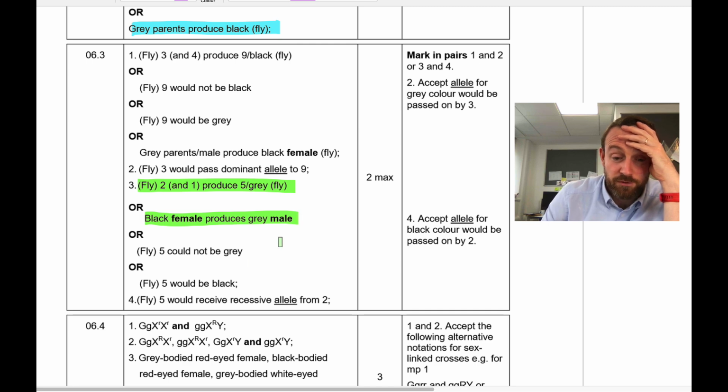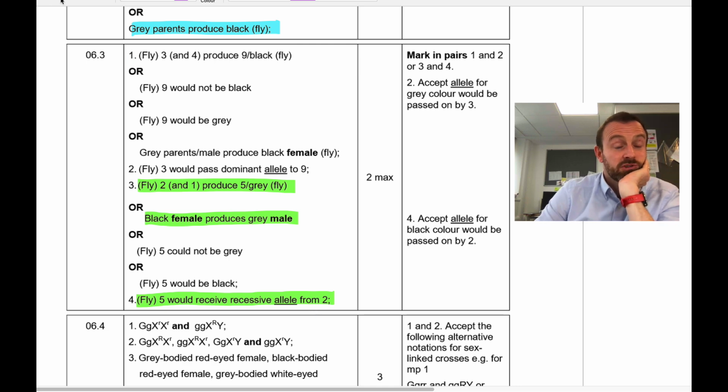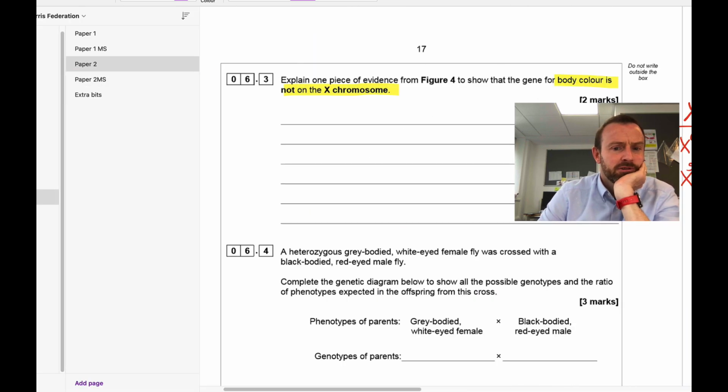I didn't explain why. Because fly 5 would inherit the recessive allele from 2. Right, this is a super hard question to articulate. So if that comes up, just do your best. Let's move on. It's making my head hurt.